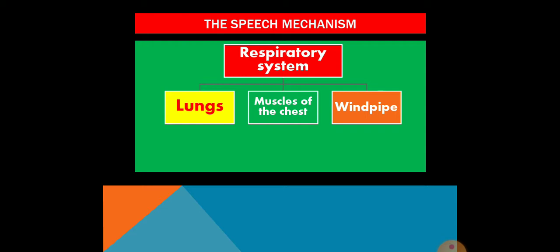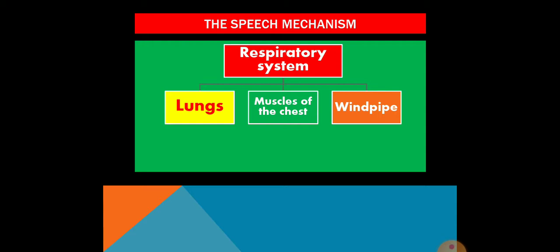The basic function of the respiratory system is the supply of air through these organs while producing any kind of sound. See here, these organs are lungs, muscles of the chest, windpipe.